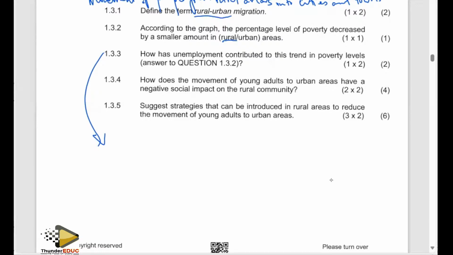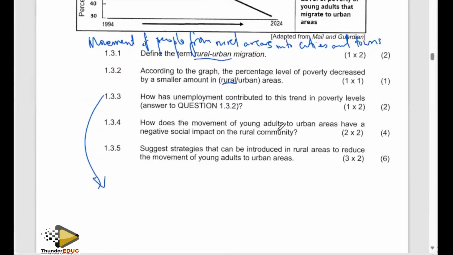Right. So we are saying in this instance, or before we look at that one, I've skipped. Yes, question number 1.3.3. Right, we are saying, how are those two related?